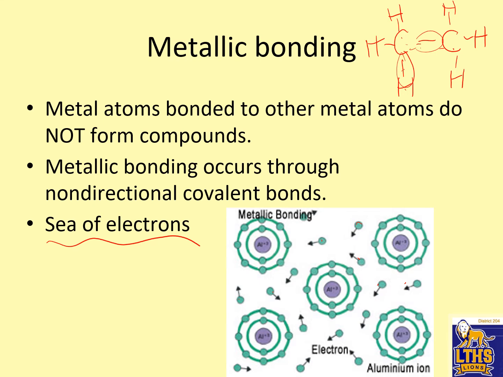These metal cations, the positively charged nucleus plus all the core electrons, are sort of sharing all of the valence electrons of all the other aluminum ions. And so they're sharing, but not between two only, but between everyone, so it's non-directional. That's one way metallic bonding is described. The other way is calling these valence electrons a sea of electrons that can move and flow.